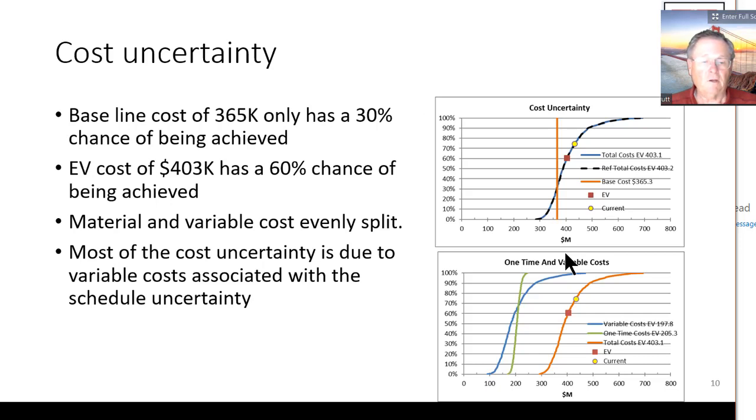And here we have the cumulative distribution functions for the cost. And we'll see here that the baseline is more like a, what is it, P30 it's showing. Now this particular model, because of the way the variable costs were calculated, we calculated the total variable cost and then the material cost. The material cost being basically this green line, which is pretty vertical.